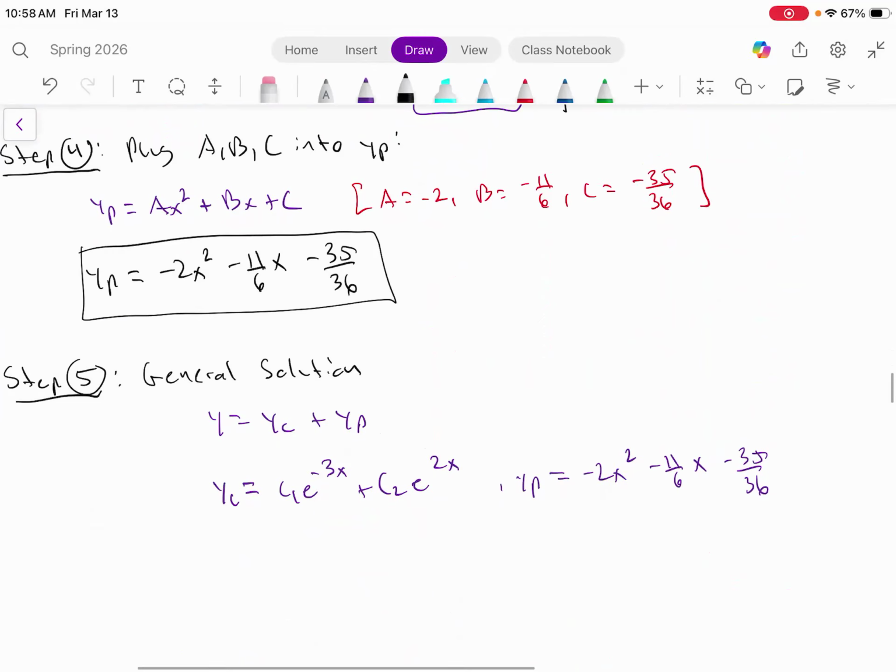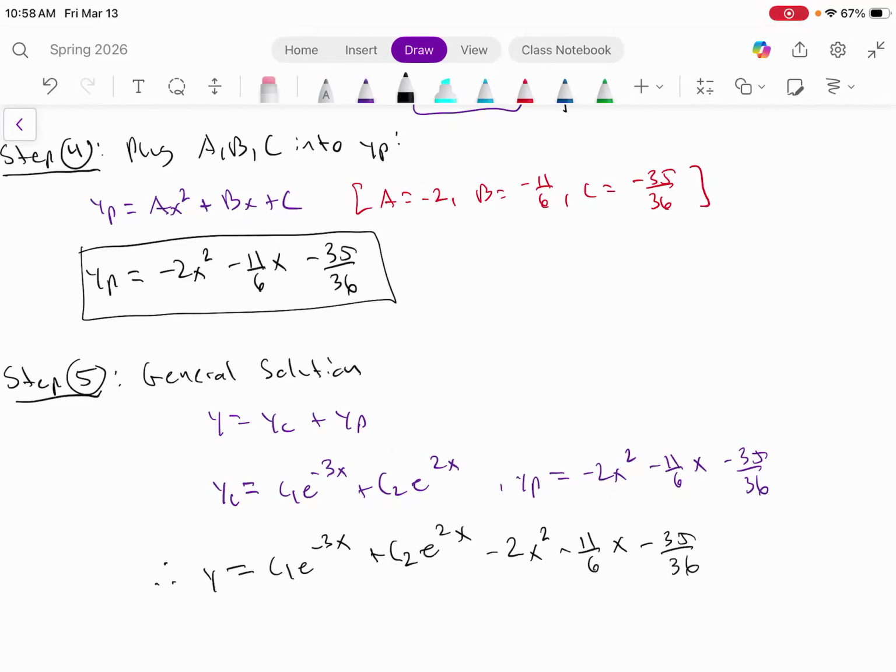So if we put this all together, y is C1 e to the negative 3x plus C2 e to the 2x minus 2x squared minus 11 over 6x minus 35 over 36. And that is our solution.